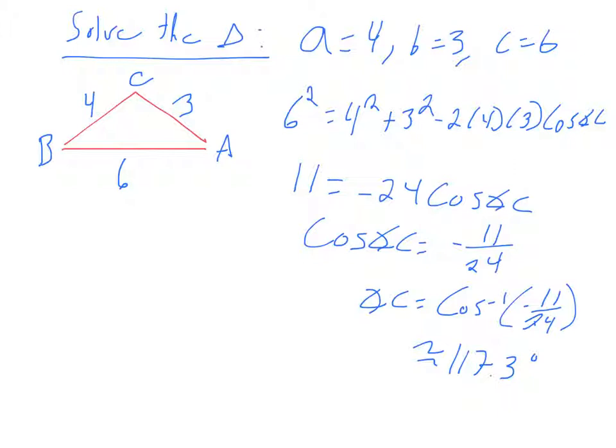Like, let's say I had solved for angle A first. So I knew angle A, and angle A is across from side 4, and let's say I wanted to find angle C. Because 4 is less than 6, the side across from the angle is less than the other side in this side-side-angle configuration. I'm going to have a 2 triangle situation when I'm solving for angle C, and I have to make sure that I get the angle that I want and not the other angle in that ambiguous situation.